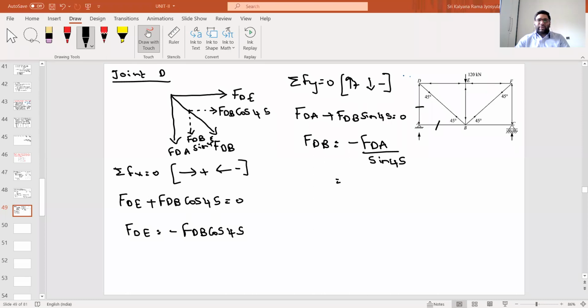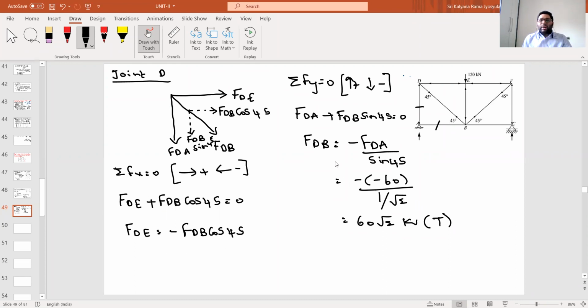FDA value is already known to us, minus 60. Minus of minus is plus. So minus of minus 60 by 1 by root 2 is equal to 60 root 2 kilonewton tensile.